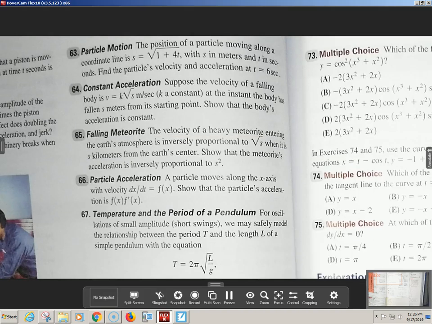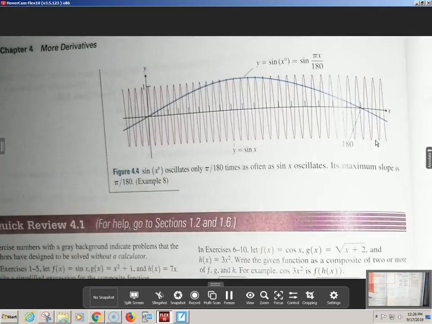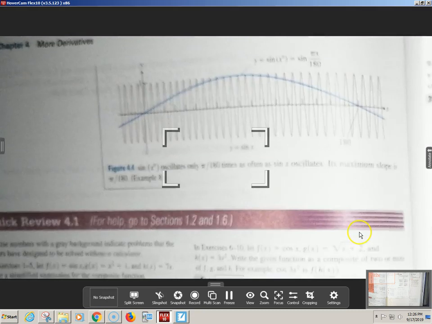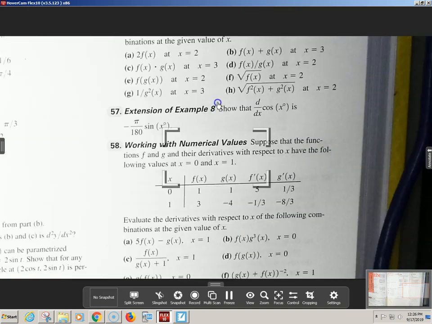Alright, anything else in the homework? 58? That's one of those tables ones, right?